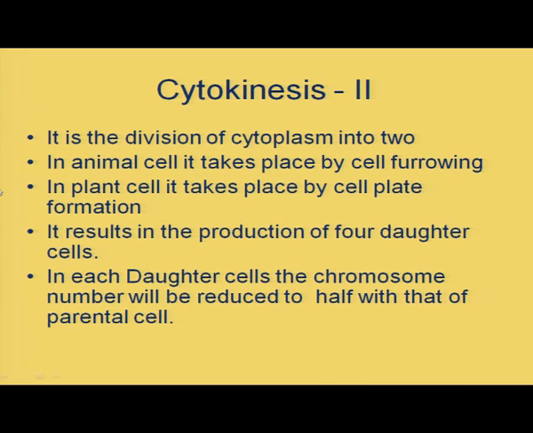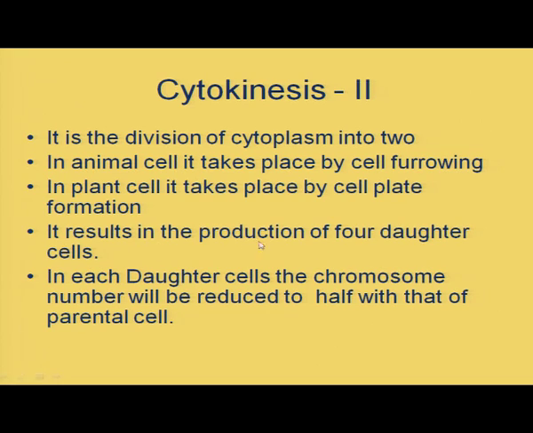Now, coming to cytokinesis 2. It is the division of cytoplasm into 2, and in animal cell you know it is by the phenomenon of cell furrowing, and in plant cell what is the mechanism of cytokinesis? Yes, it is by cell plate formation.